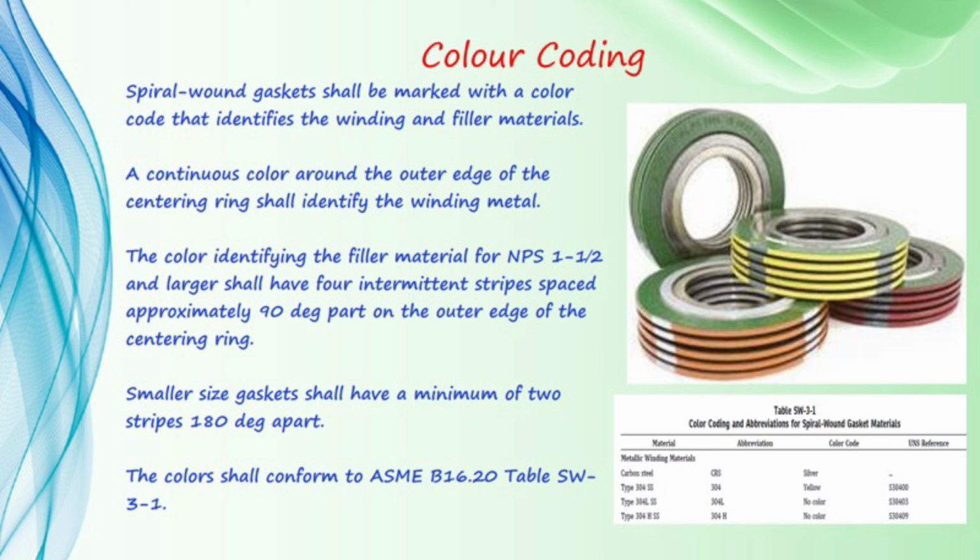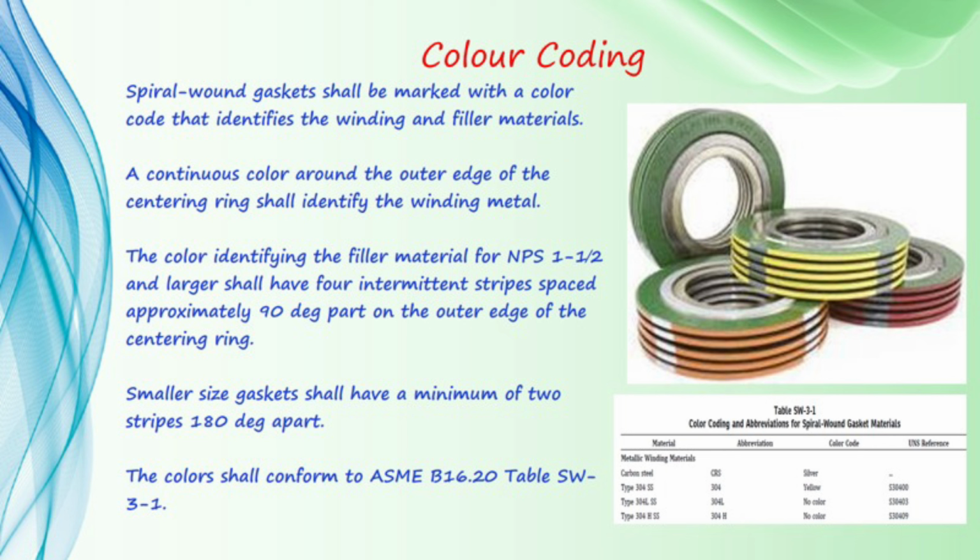In our last topic, color coding of spiral wound gasket inspection, I have mentioned images in which the gaskets are color coded with respect to their inner and outer ring and filler material. I have also mentioned a chart extracted from ASME B16.20 for the identification or color coding of this gasket.